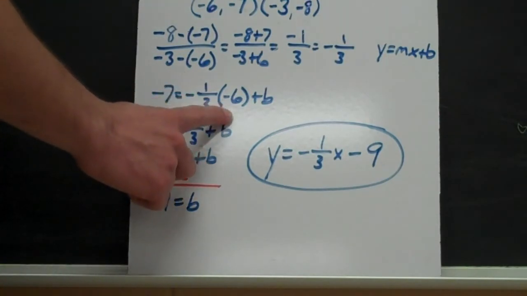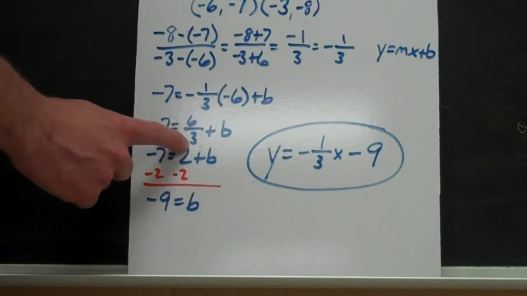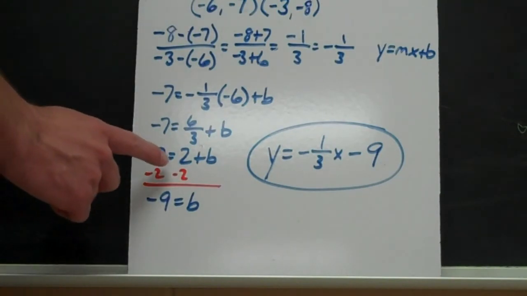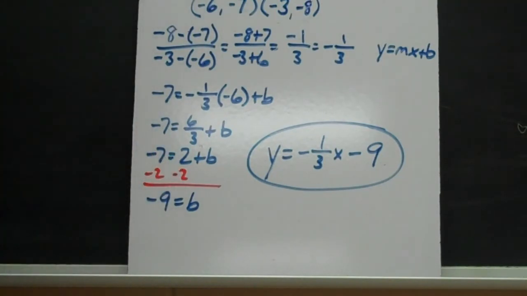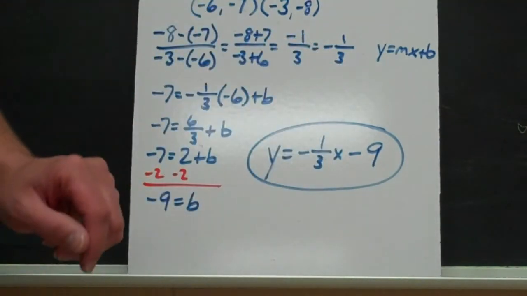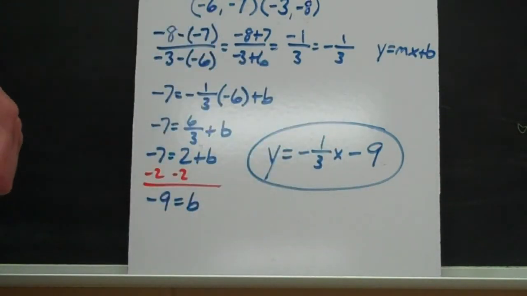Negative 1 times negative 6 is positive 6, divided by 3 gives us 2. Subtract 2 from each side, negative 7 minus 2 is negative 9. So b equals negative 9, and our equation, y equals our slope, negative 1/3, times x plus b, which is negative 9, so minus 9.